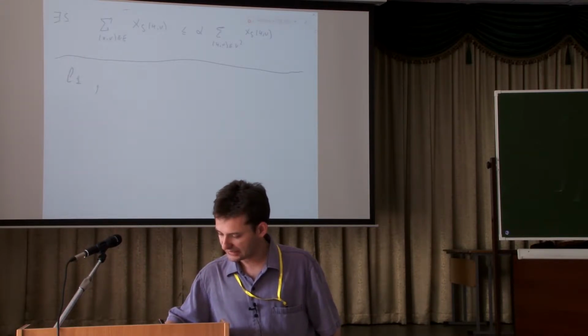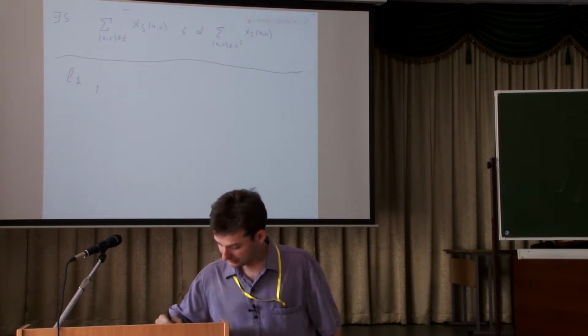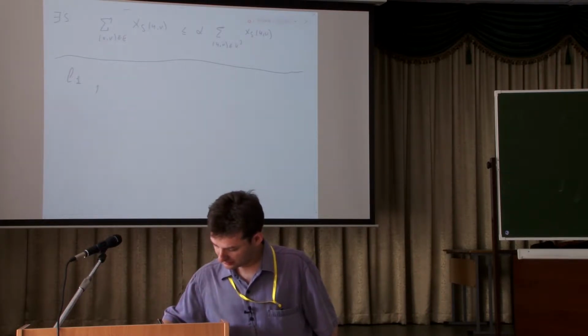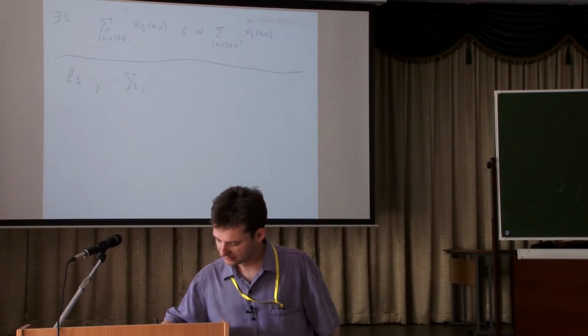Suppose we have two random variables y1 and y2. So these are just random variables.